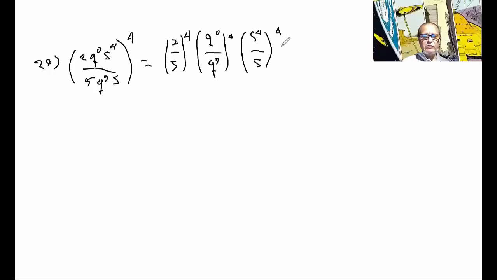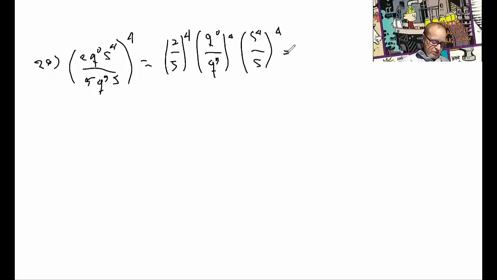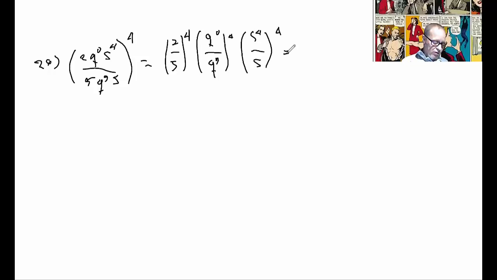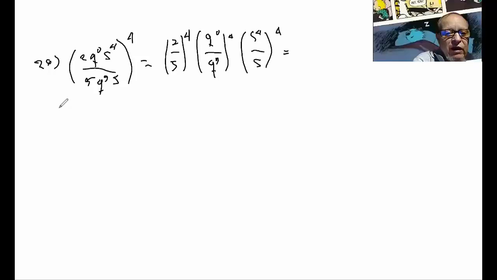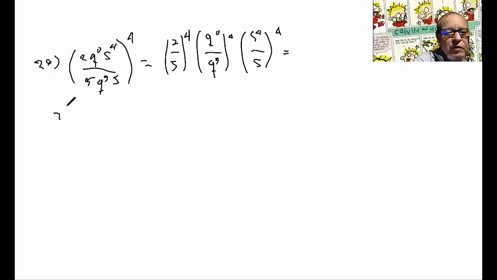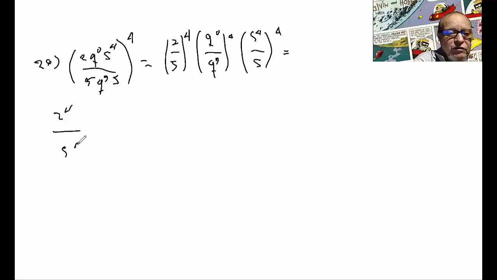So I'll work out each one again separately. So I will use my power rules to do this. So I have 2 to the 4th over 5 to the 4th.